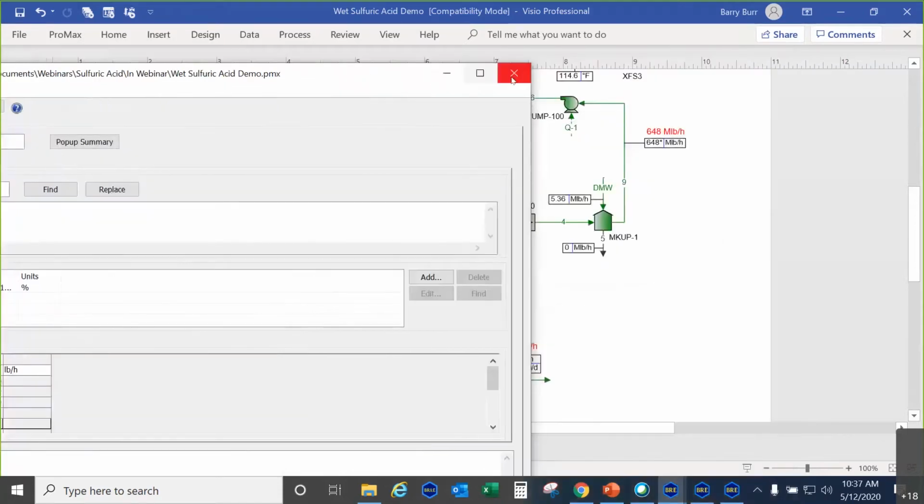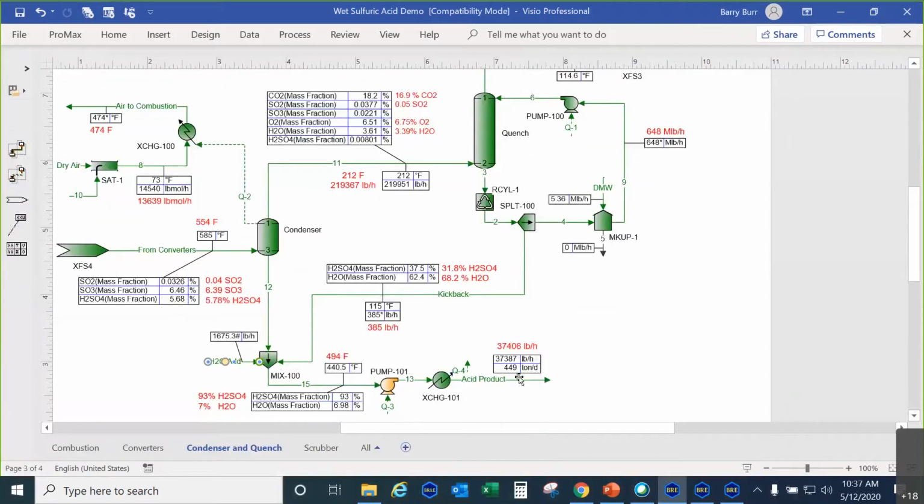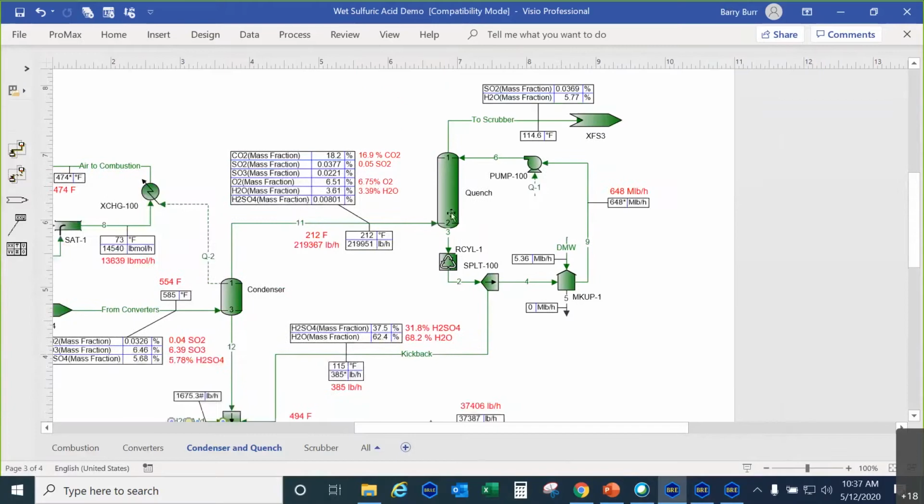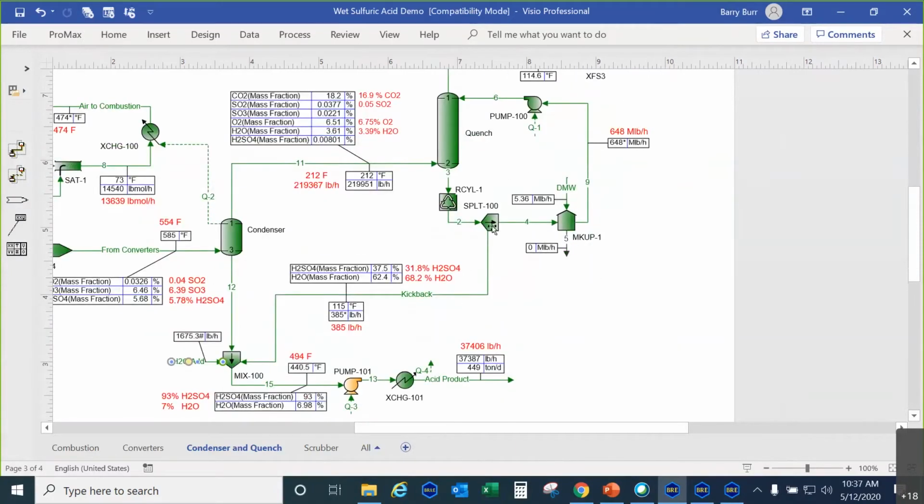So we're producing 93% acid with this condenser. And then the vent gases go to a quench column to cool down. And the excess water that is accumulated in here is sent back down. Actually, we add some water and we also send some water back.